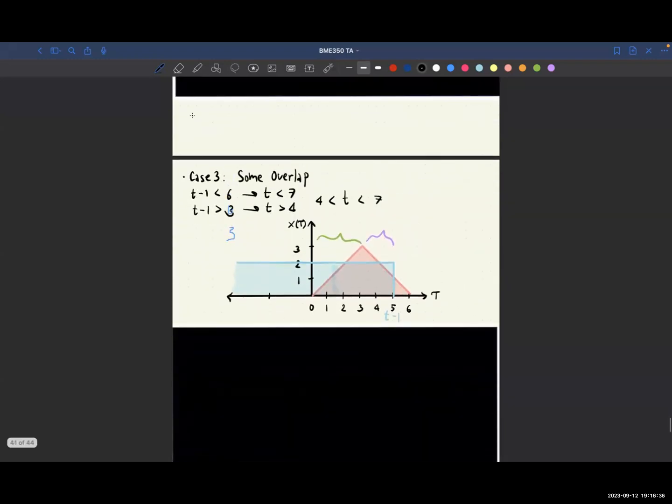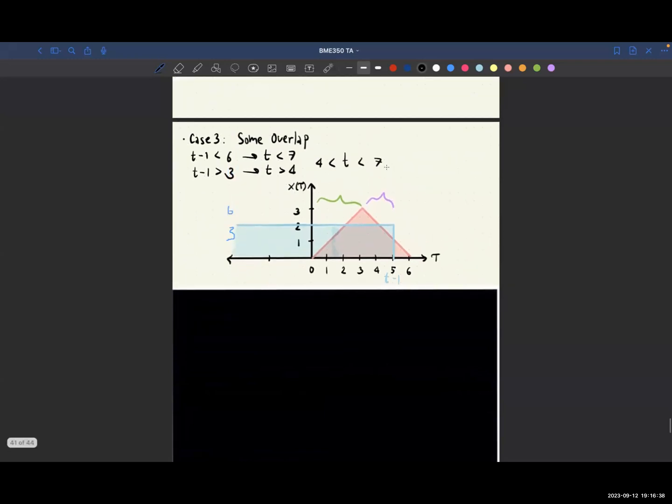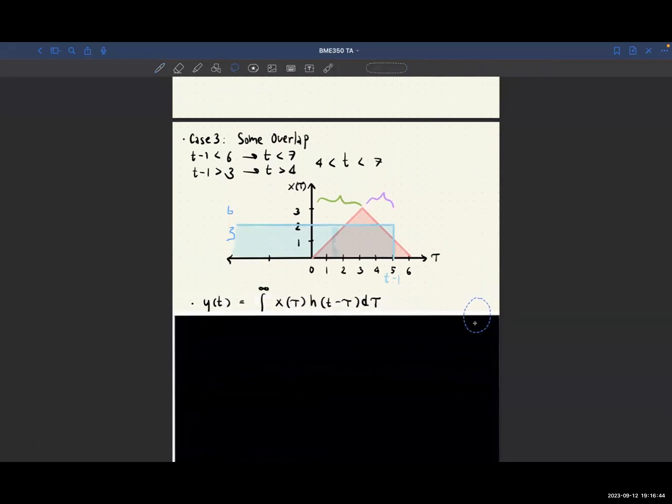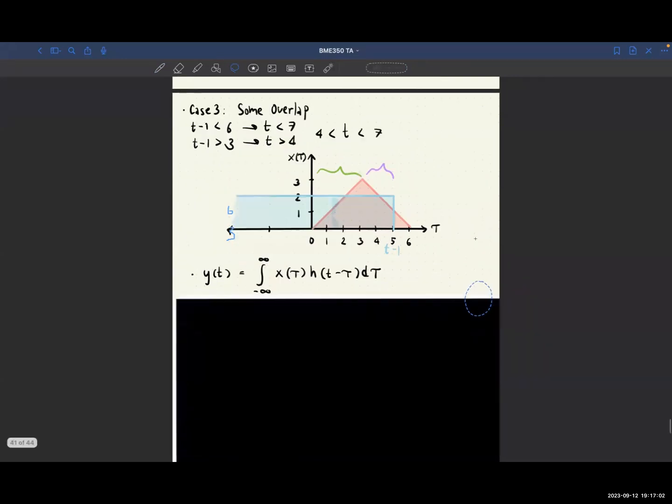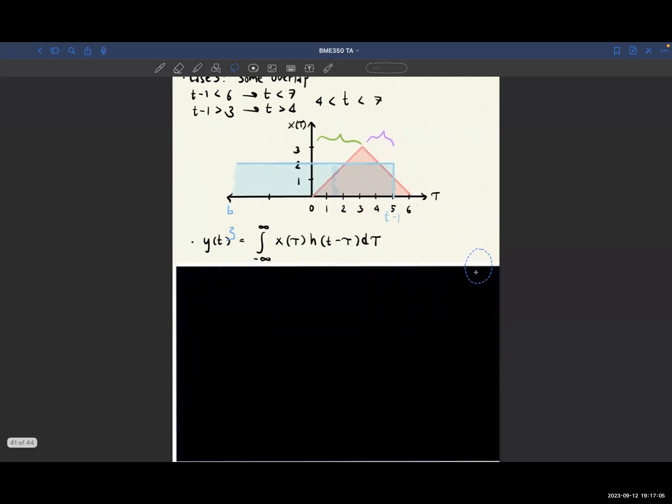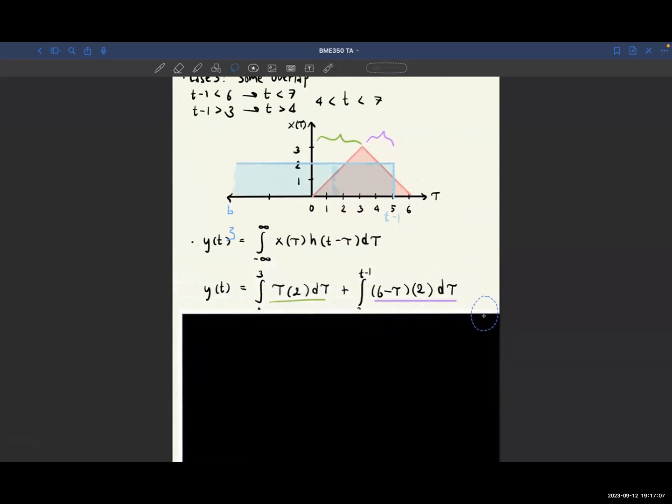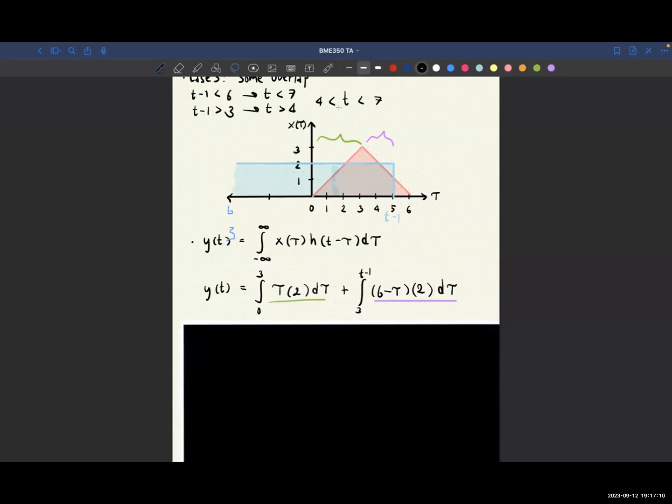All right. Now, after we know how our graph looks, remember our convolution equation? The highlight part is whether you can correctly identify the boundary condition when you actually put it into the integration. So here, remember t, this part, right?